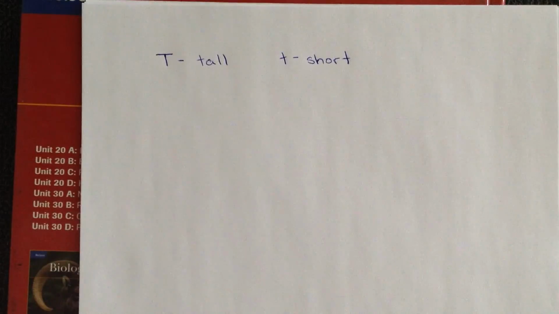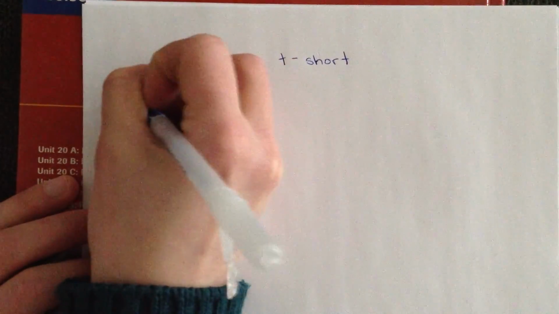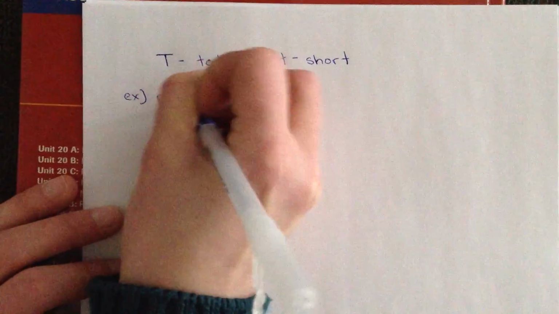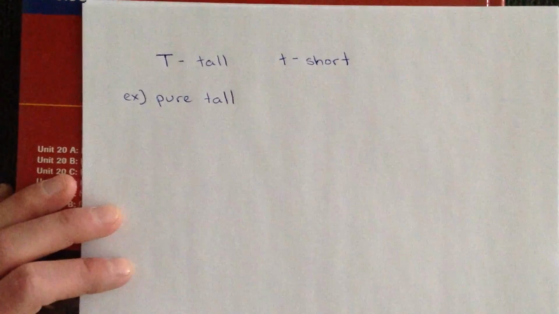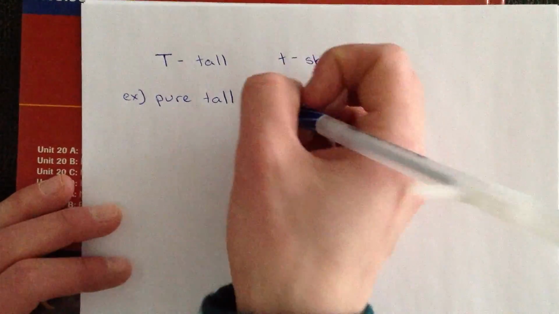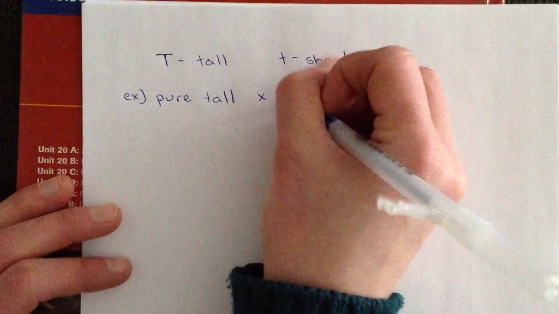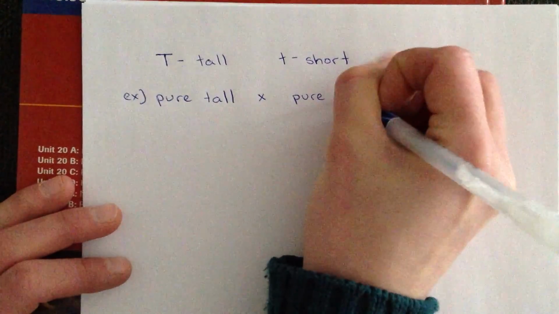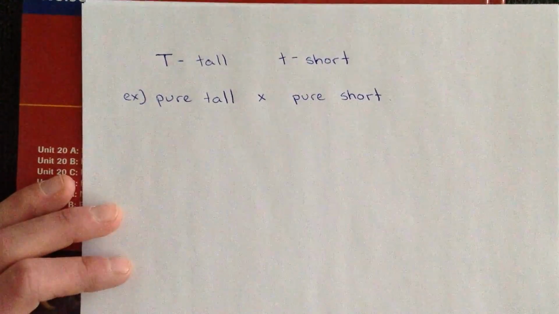Okay, so let's say we're going to take a pure tall, which you guys are going to know as a homozygous dominant, and then a homozygous recessive. So a pure tall is going to be crossed with a pure short. So we're going to do Mendel's very initial experiment.